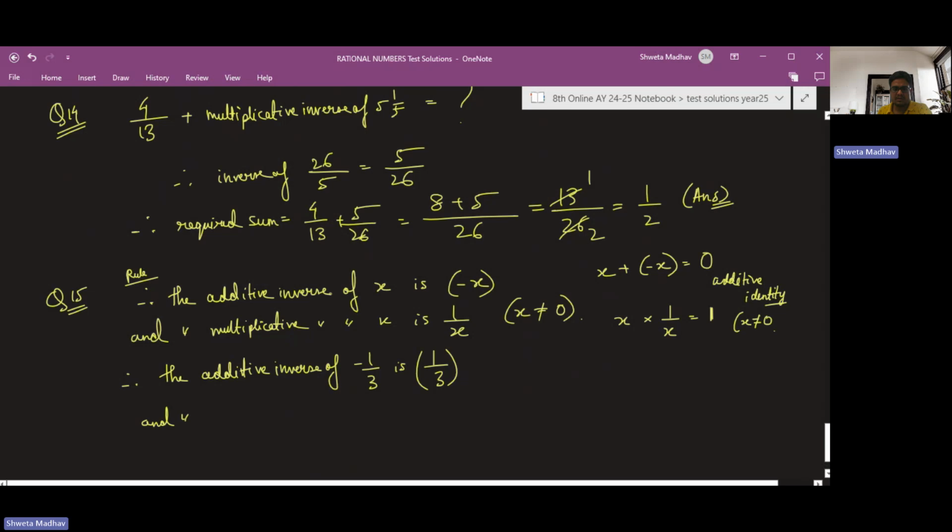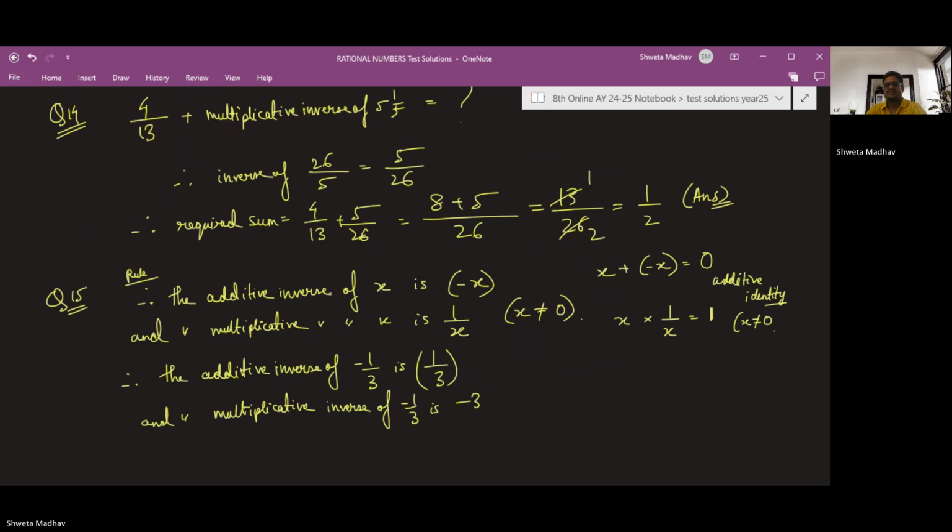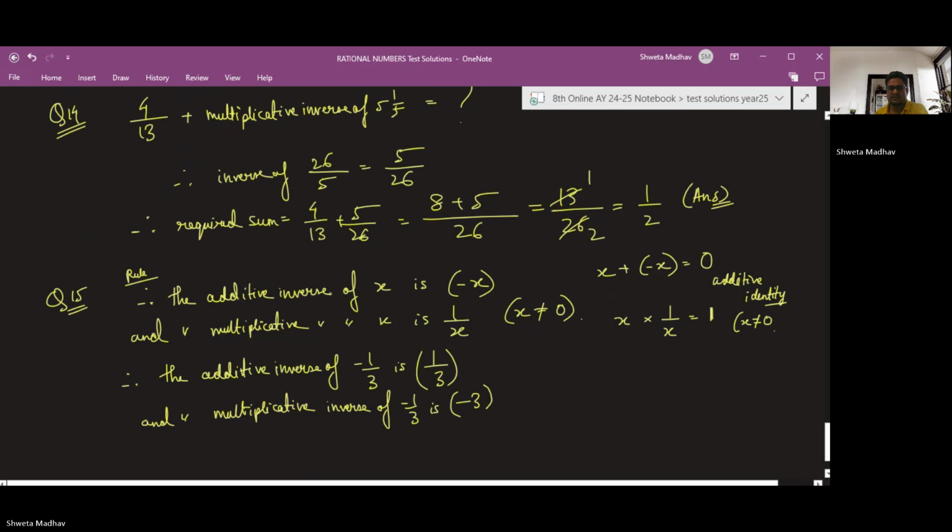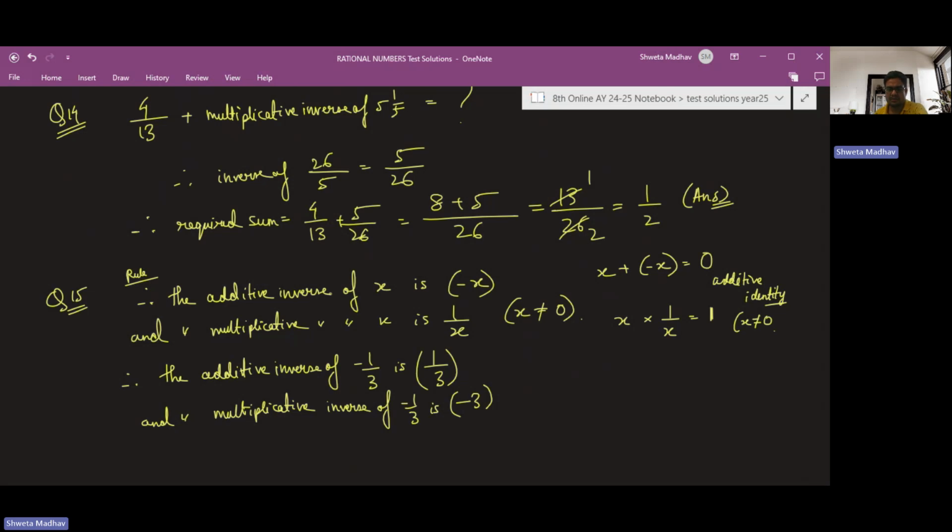And the multiplicative inverse of minus 1 by 3 is minus 3. Since, as I told, x is the multiplicative inverse of 1 by x.